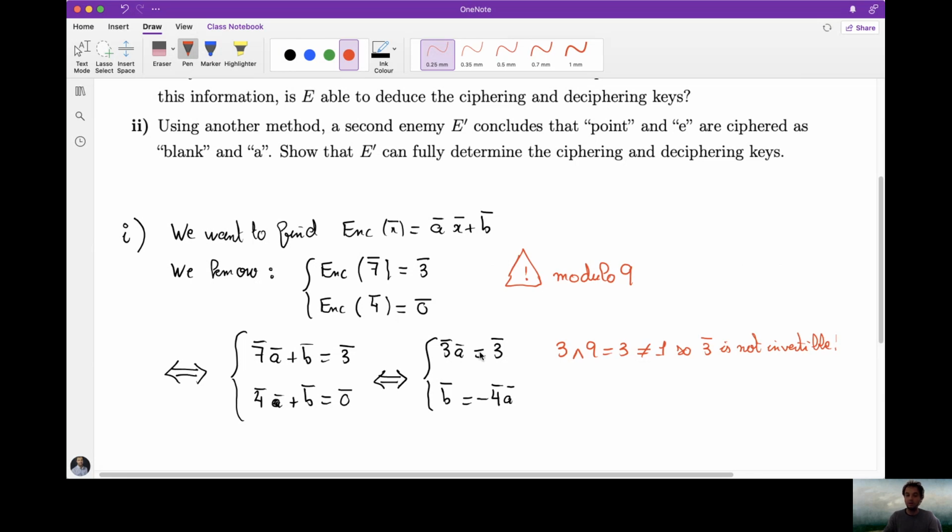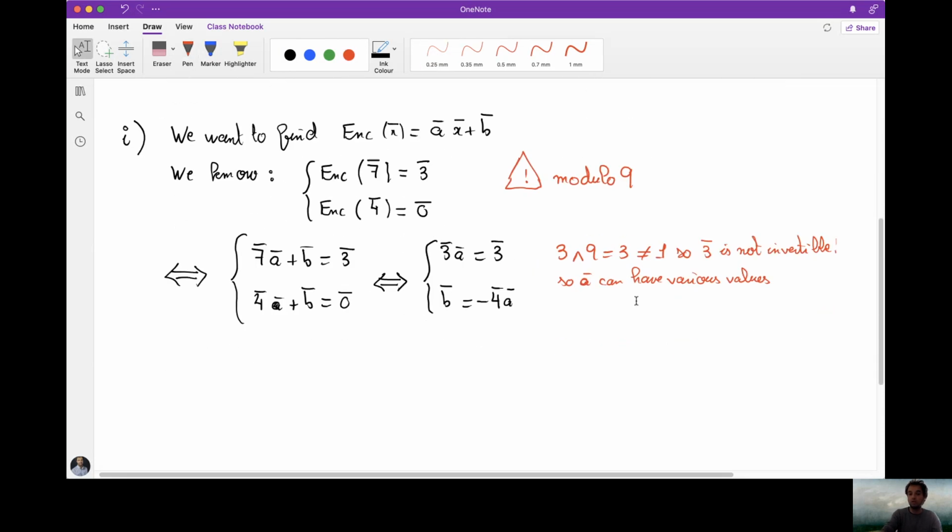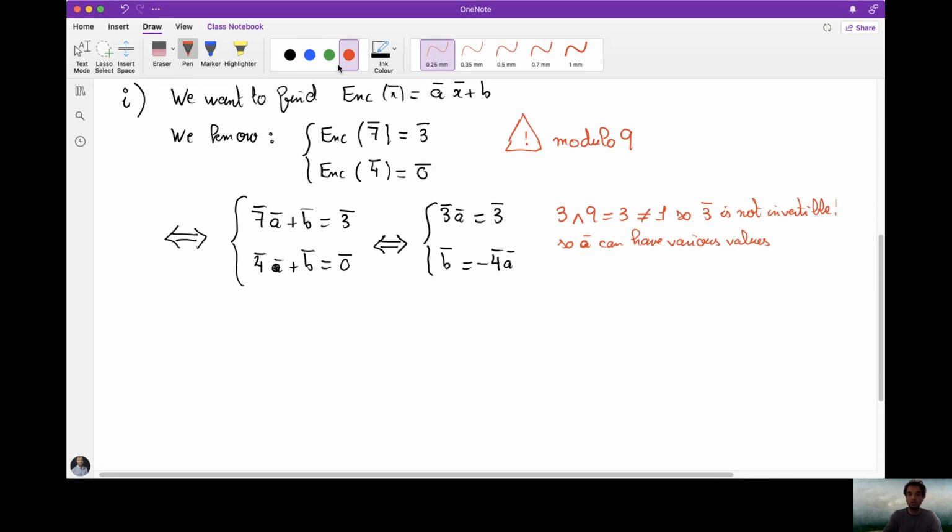Okay, so there are various solutions to this equation. So A can have different values. If you really want to see what are the values for this, you just need to solve the equation 3A equals 3, and you remember that the best way to solve it is to use explicitly the modulo that we're working with.